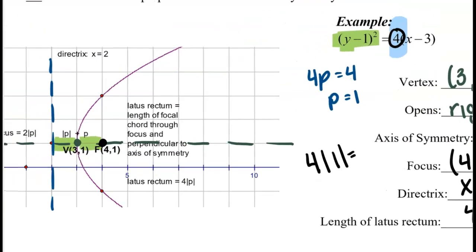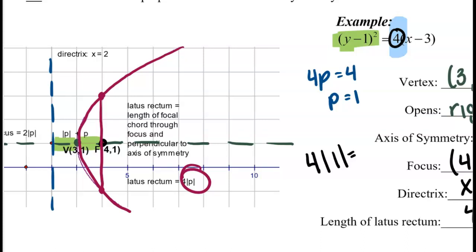That helps me because from my focus point, it is a length of 4 to touch both sides of my parabola. So I'm splitting that distance 2 and 2. So from my focus, I would go up 2 and down 2. And that's going to help me draw my parabola. So this entire thing is a distance of 4. And our equation is here as well.